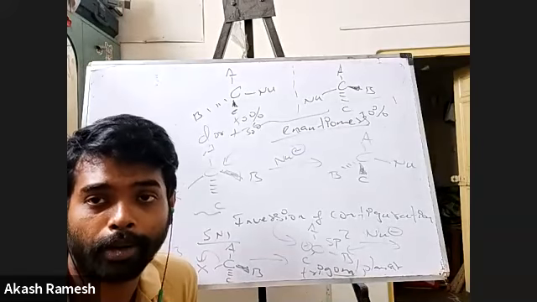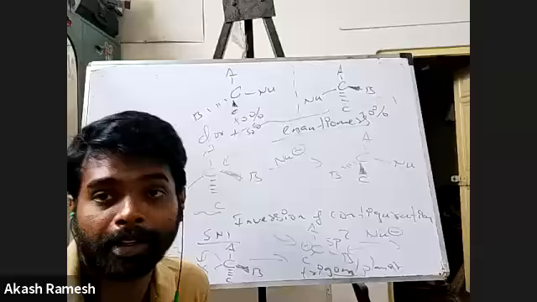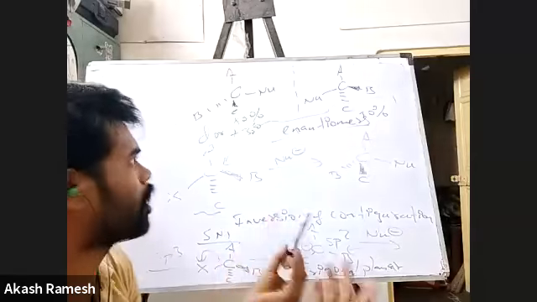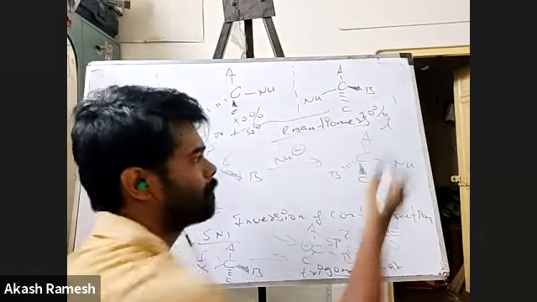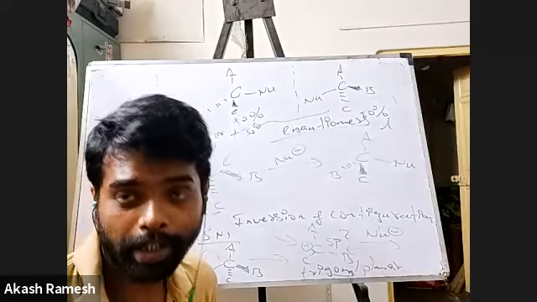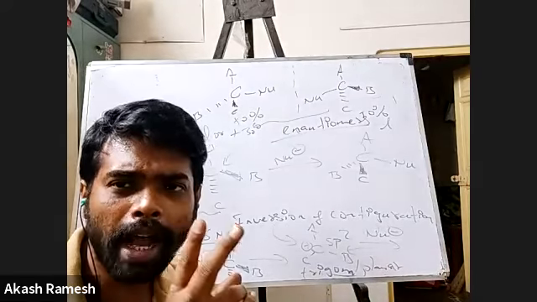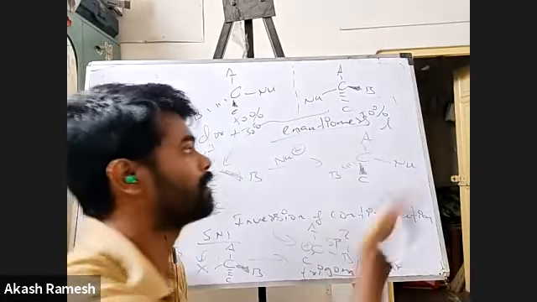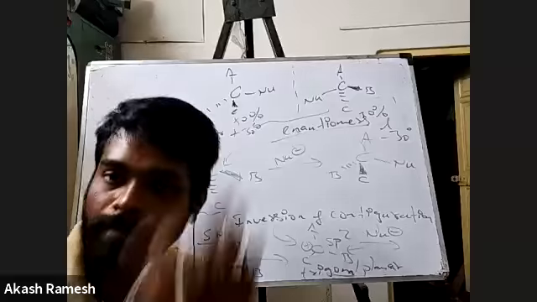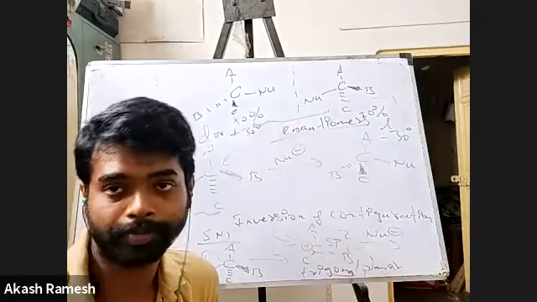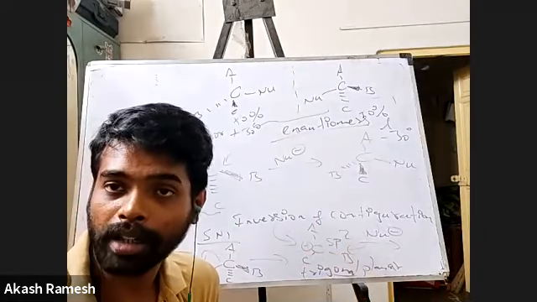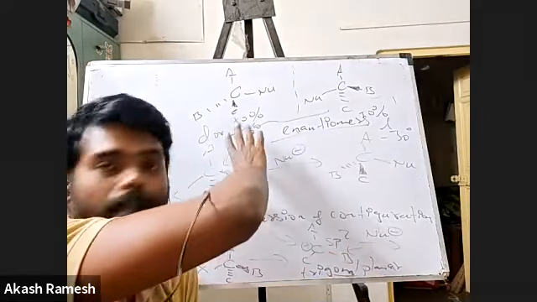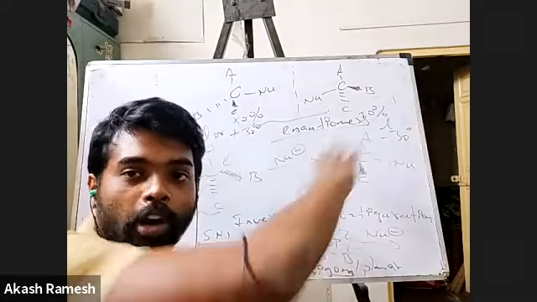If this is D, the other will be L, levorotatory. It rotates the plane polarized light in exactly the opposite way, by the same quantity. Here it is plus 30; in this case it will be minus 30 degrees, towards the left. So the net optical rotation is 0. Whatever is rotated towards the left is compensated by the other molecule rotating towards the right.